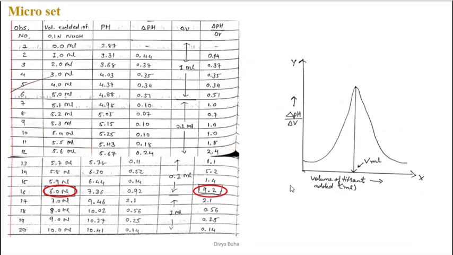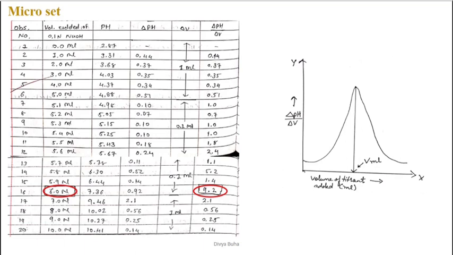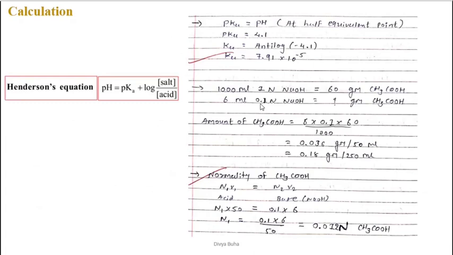Now suppose the pKa value you have obtained over here is 4.1. Suppose you have used these values in order to draw a graph, and you have obtained 4.1 as pKa, then let us see how the further calculation is done. Now this Ka and pKa value can be interconverted. You can easily get the Ka value from the pKa value.